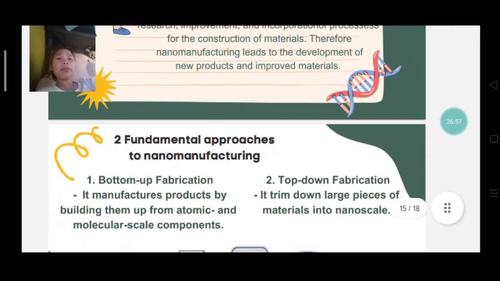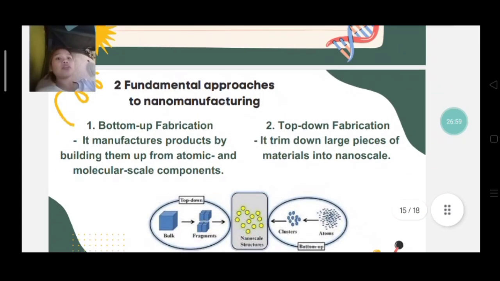So we have here the two fundamental approaches in nanomanufacturing. First, we have the bottom-up fabrication. It manufactures products by building them up from atomic and molecular scale components.